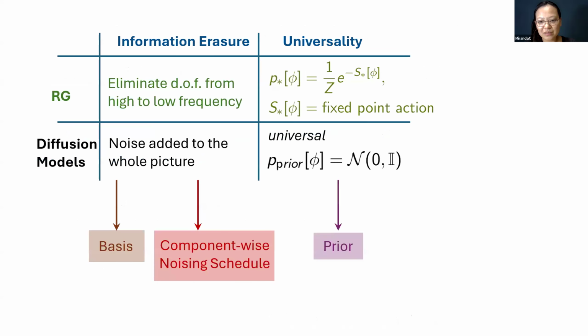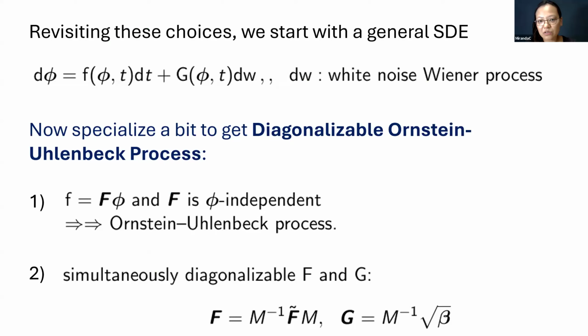To discuss more concretely how these three choices enter in diffusion models, let's go back to the equations. In the next few slides, there will be some equations. Let's go back to the beginning and start with a general SDE, where dW is some white noise in the process. This is general enough.